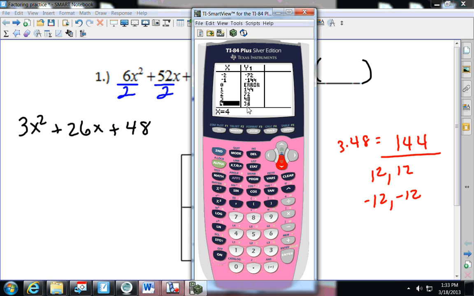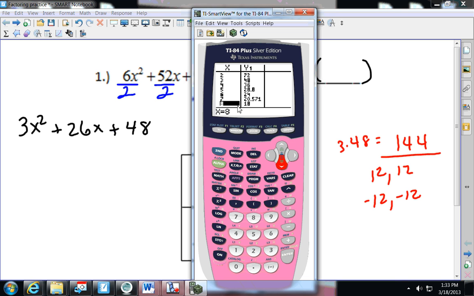That gives me 40. That's a decimal. It gives an error. It doesn't work. No, it's 18 and 8, because 8 plus 18 is 26.